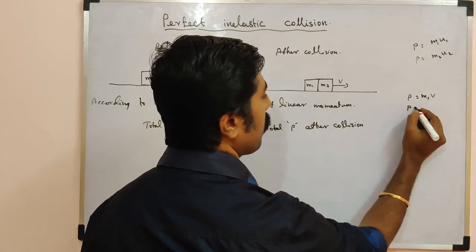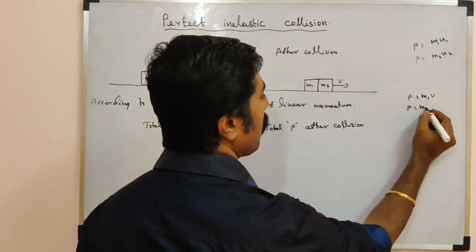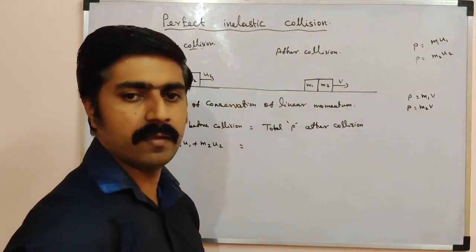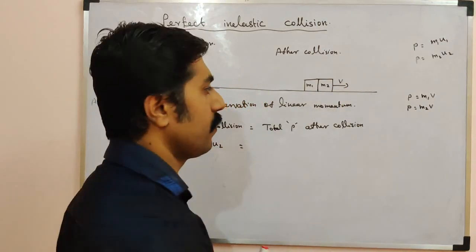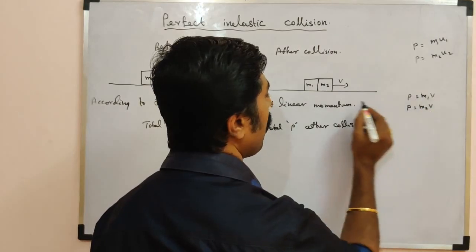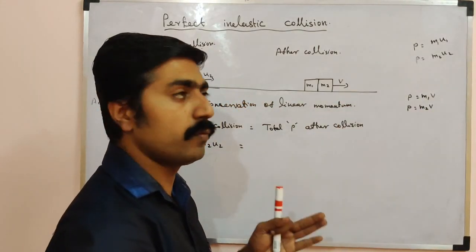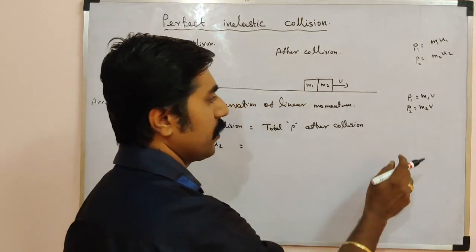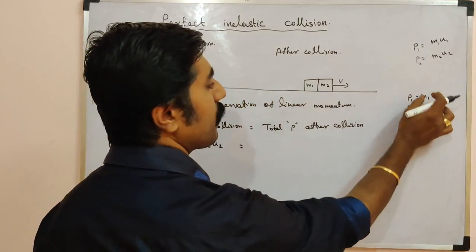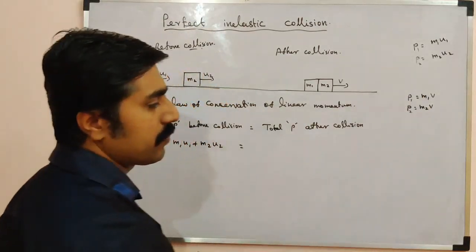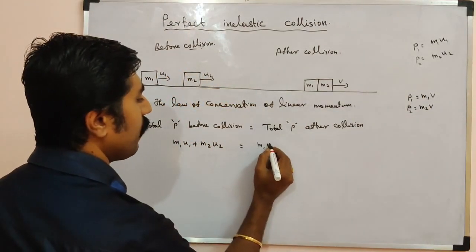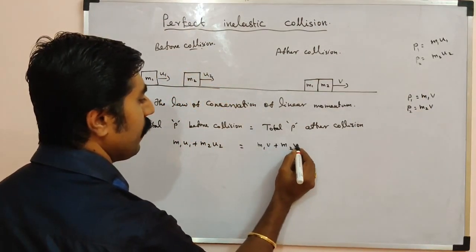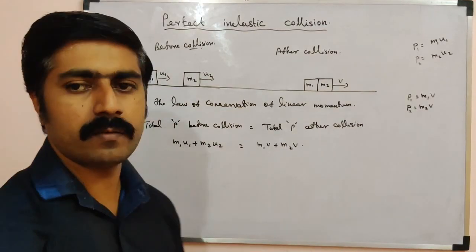For the second object, mass m2, the same velocity, since both the objects are stuck together. The first one is m1v and the second one is m2v. So total momentum after collision means we need to add these two: m1v plus m2v.